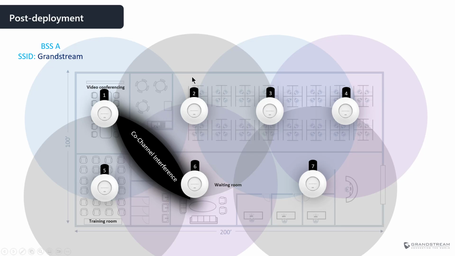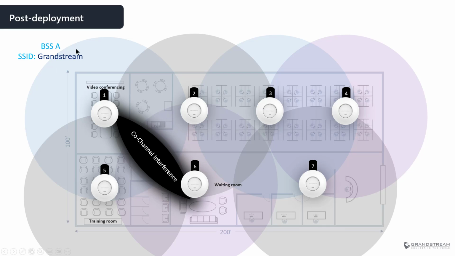The problem when you have the access points transmitting with a higher power is that the signals from both access points that are competing over the same channel can start to hear each other, and that creates what we call co-channel interference. Co-channel interference is basically when two access points are transmitting over the same channel and they can hear each other.